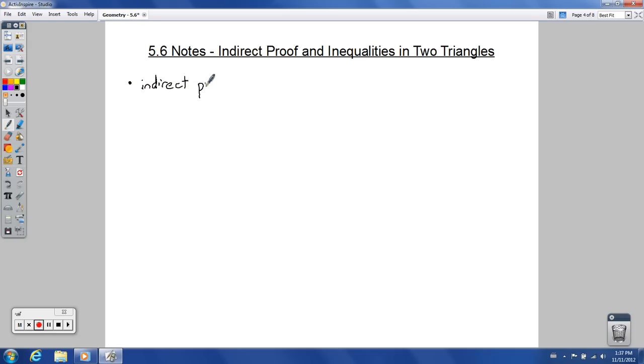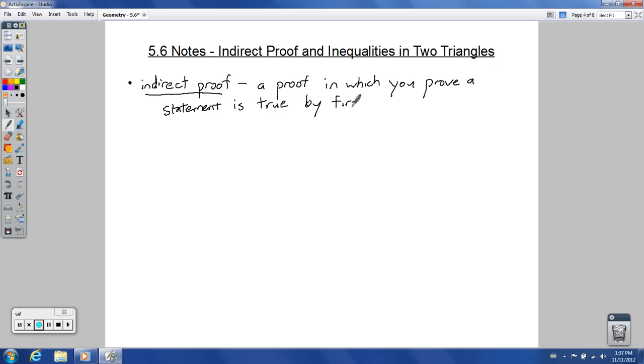So indirect proof, we've done direct proofs. Now we're going to do something called an indirect proof. An indirect proof is a proof in which you prove a statement is true by first assuming its opposite.